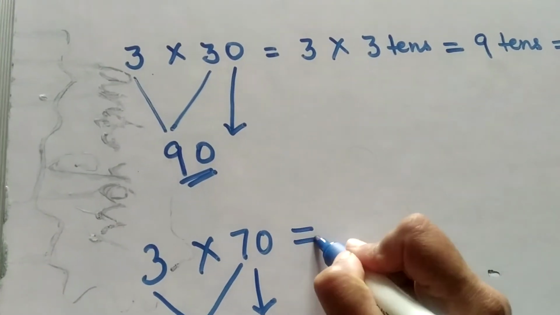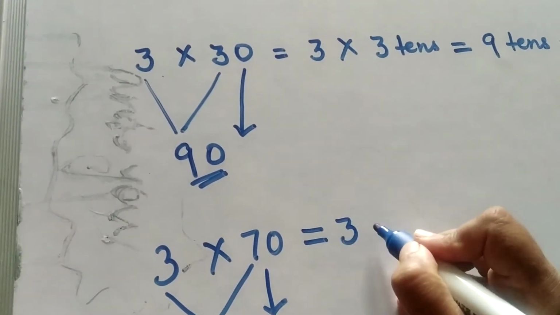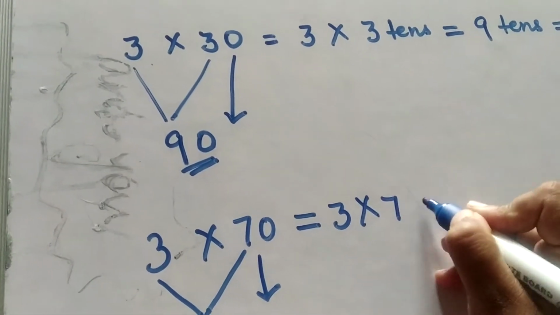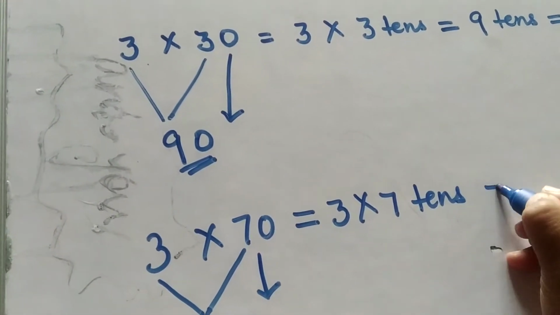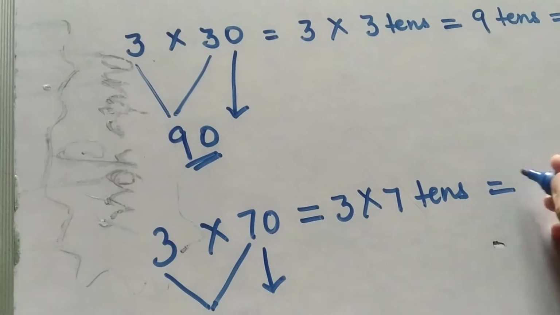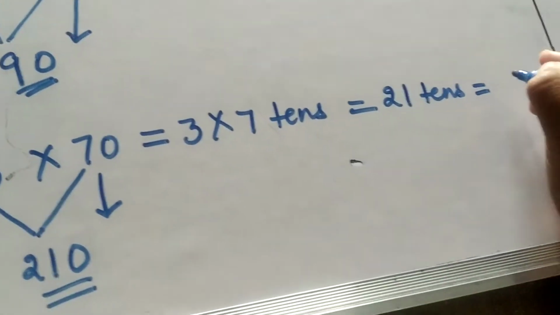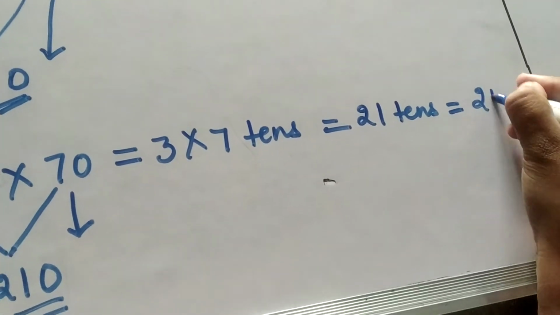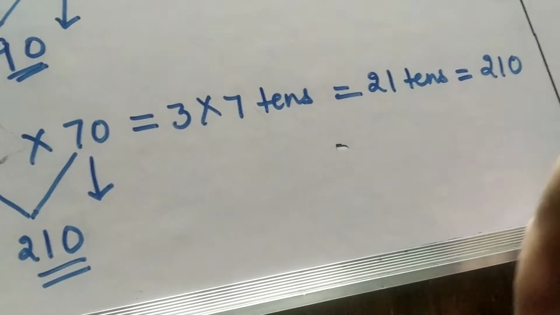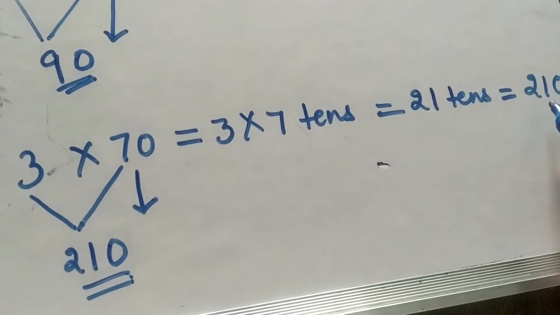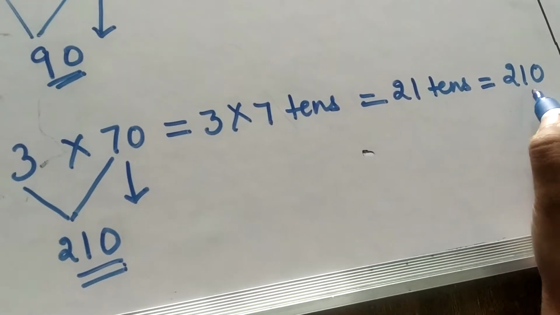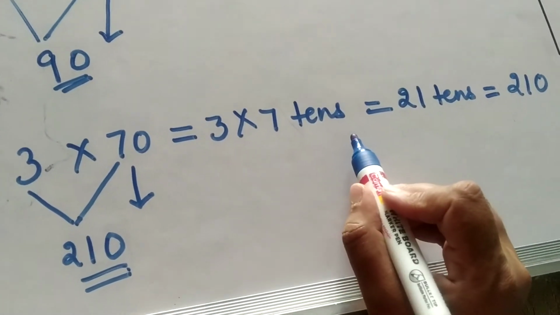Now let's check it by the other method: 3 into 7 tens gives us 3 sevens are 21, so it becomes 21 tens, and the value of 21 tens will be 210. Here I was getting 210, here also I am getting 210. So by both methods the answer is coming the same.